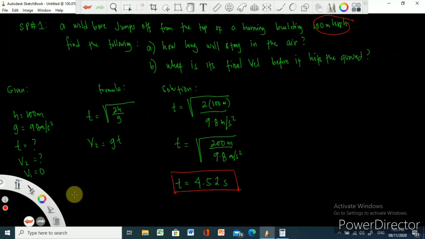How about for final velocity? Is equal to 9.8. So since meron ka ng time, then you can easily solve the final velocity.